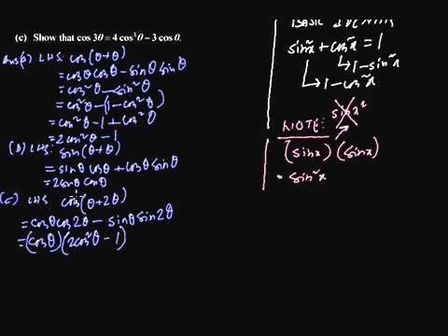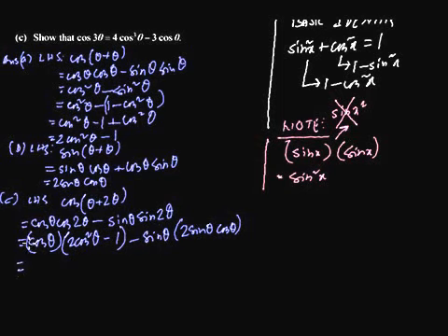Now the next one, sine 2 theta, we have seen is 2 sine theta cos theta. So we have expressed both cos 2 theta and sine 2 theta broken down as in the previous sums, the double angle rule.